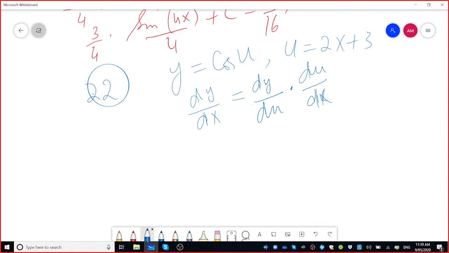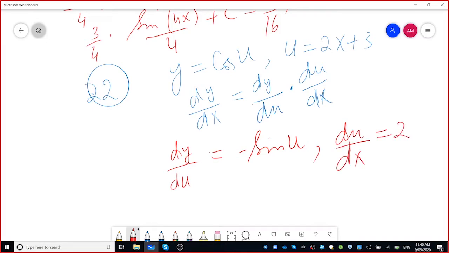Sure. So dy over du is equal to negative sine u. And du upon dx is equal to 2.